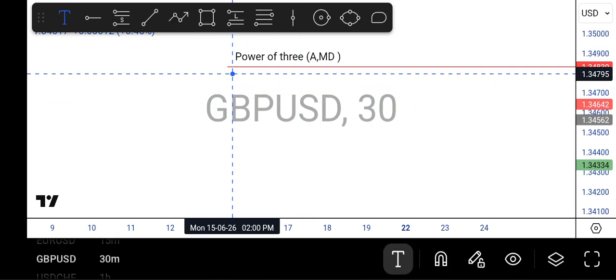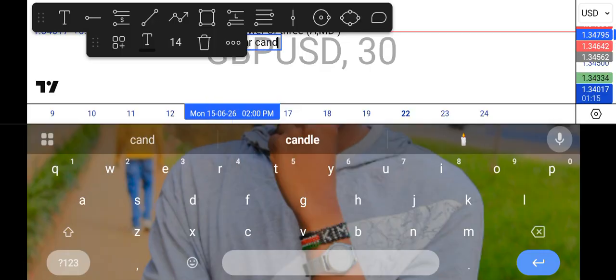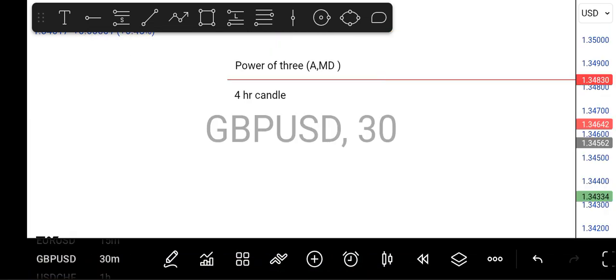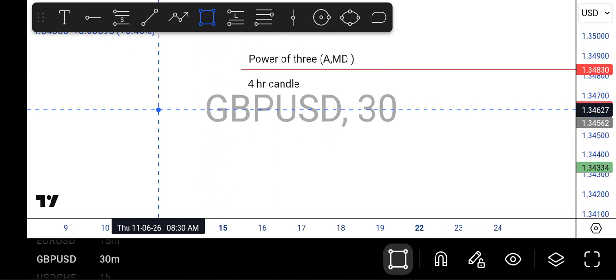Inside power of three, I usually look at the 4-hour candle. The 4-hour candle is what I'm looking at, and what I'm basically looking at is a sweep of previous candles.